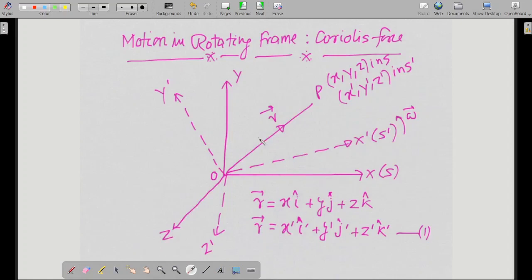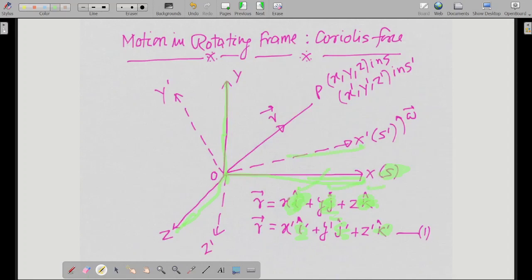Now tell me one thing: which of these vectors will be constant? Let me tell you that this frame S is stationary. As this frame S is stationary, clearly these three vectors i cap, j cap and k cap will always have the same direction, so these three vectors will be constant.